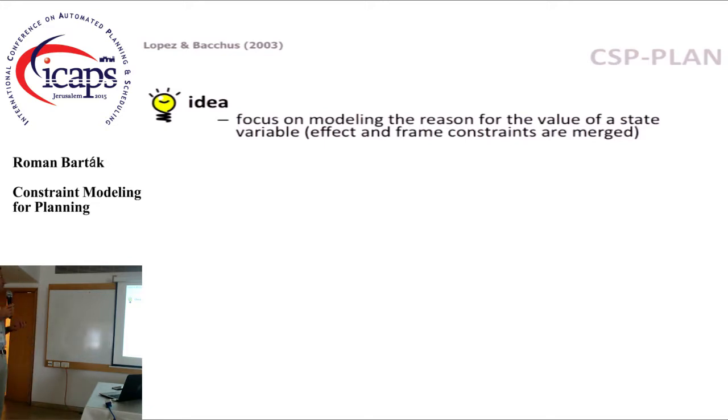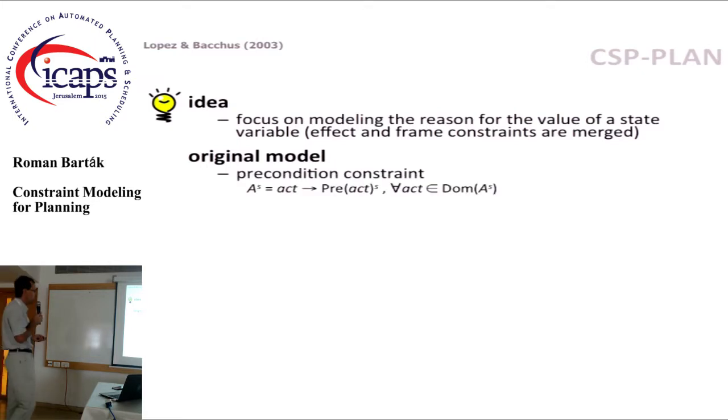And the idea is that rather than focusing on describing how an action is changing the state from one to another, we should focus on describing the reason why a given state variable is assigned to a given value. And by this refocusing, we can encode the effect constraints and the frame constraints together using a single constraint, which is called a state transition constraint.